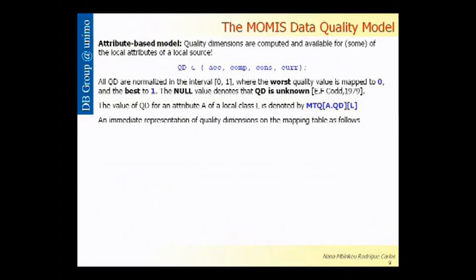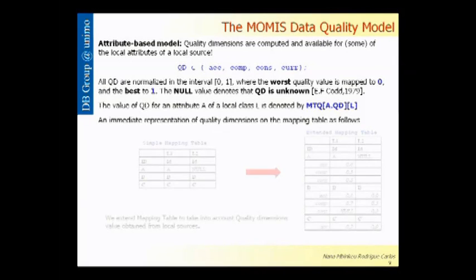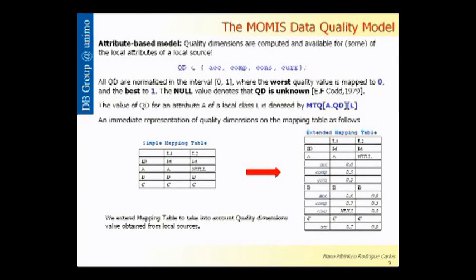We decided to normalize their values in the interval 0 to 1. How we obtain these values is defined in the deliverable of the NetB for Business project.